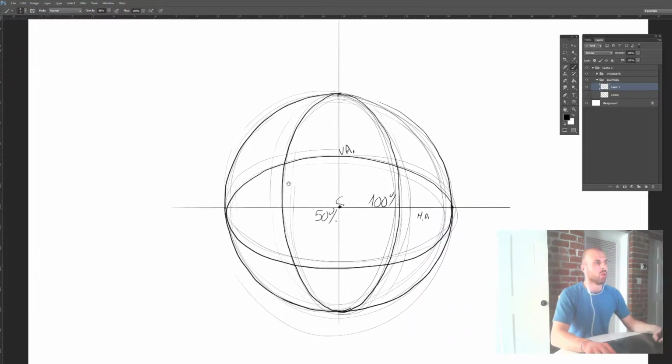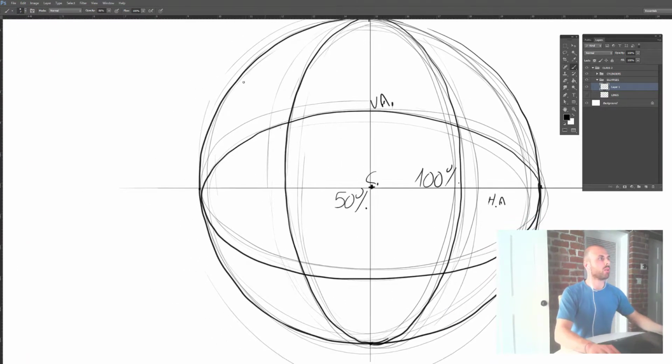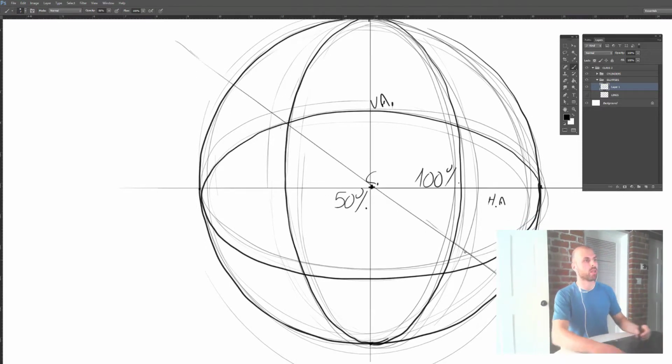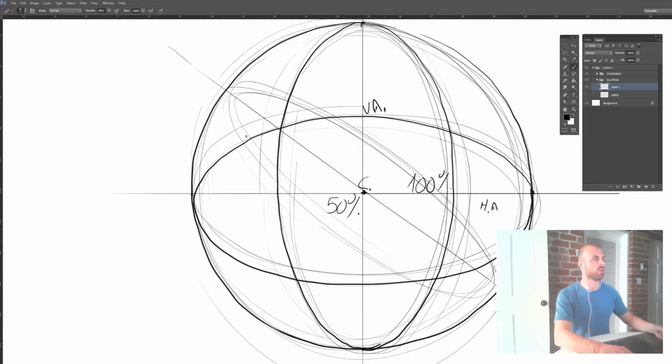Okay, and I can keep playing around with this. Of course, I can identify different axes to another angle, and I can decrease my circle even more using a different angle. So let's pretend that we do a 30% ellipse using this new angle. This is what would come out.